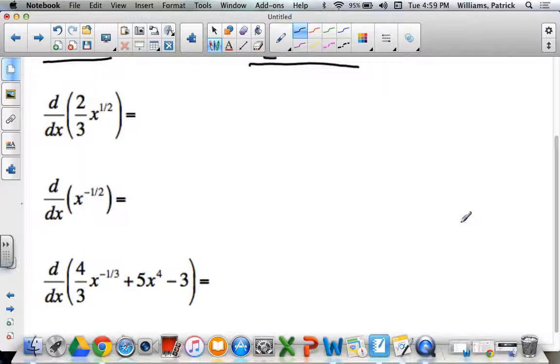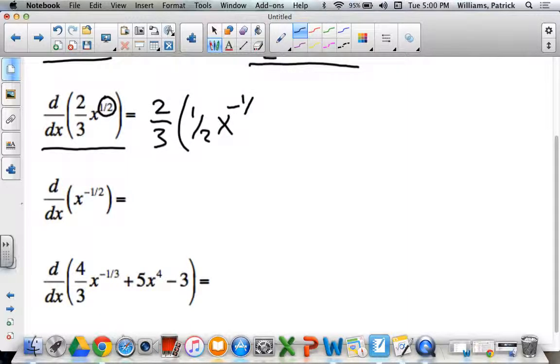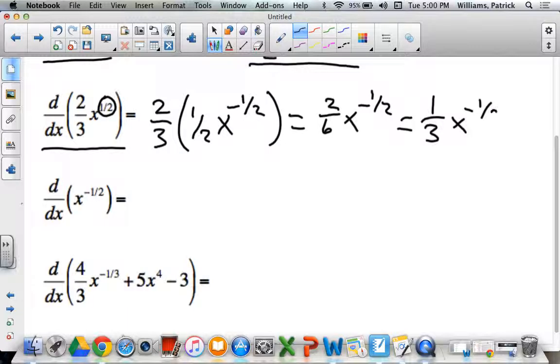All right, so if you solve them, if we do this first one right here, again, we can bring the 2/3 out front. We don't need to worry about that. Then our power is 1/2, so the 1/2 goes down. X to the 1/2 minus 1 is negative 1/2. So this whole thing would end up being 2/6 x to the negative 1/2, which is the exact same as 1/3 x to the negative 1/2.